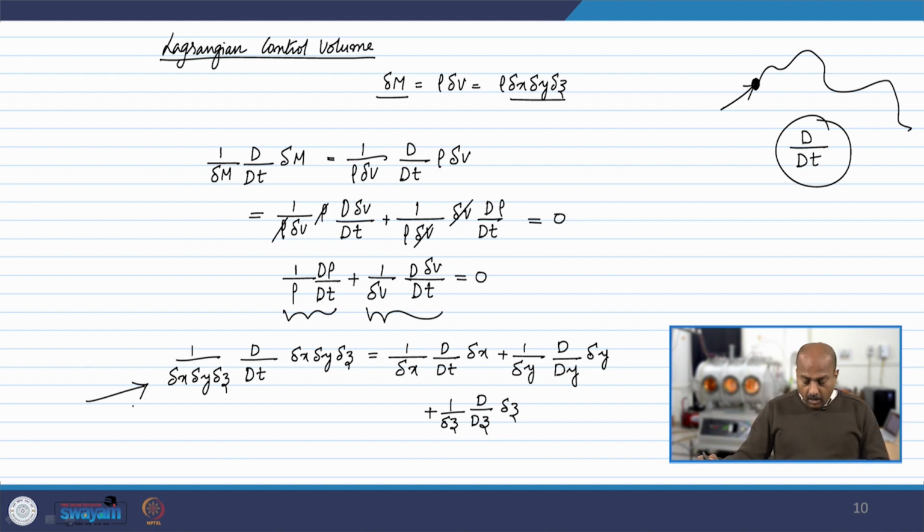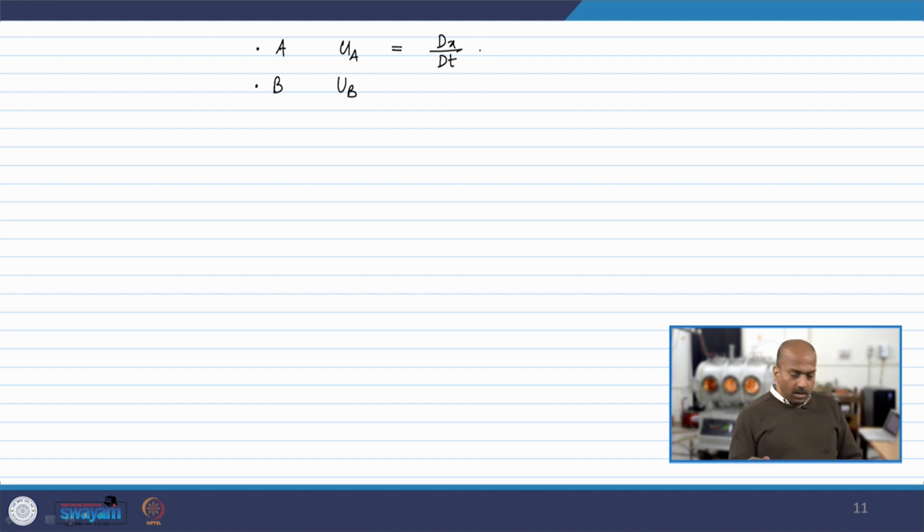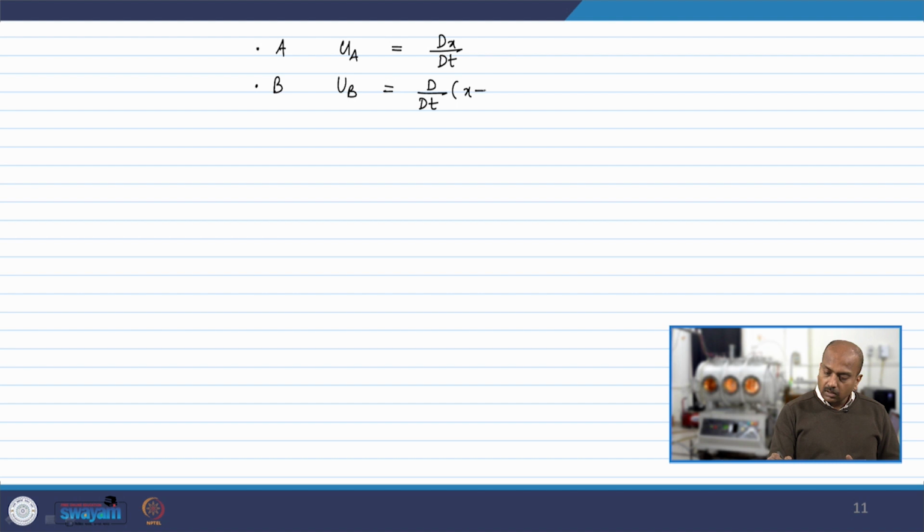Now, let us say the control volume that we have considered is moving with respect to the fluid, right? It is moving, right? So, let us say the control volume at a point A has a velocity ua, and at another point B has a velocity ub. So, ua can be written as dx by dt, and ub, a subsequent point in time, is d by dt of x plus delta x at a subsequent point.